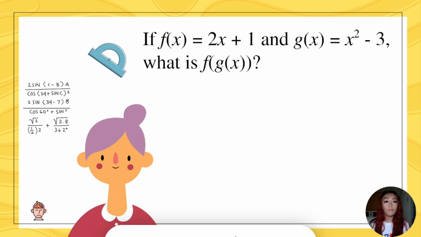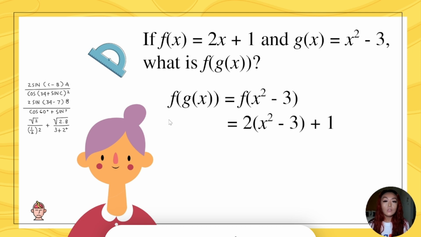So basically, we're going to find f of x squared minus 3. So when we substitute x squared minus 3 in for x, we get 2 times the difference of x squared and 3, plus 1. Now we're just going to continue to simplify until we can't anymore.